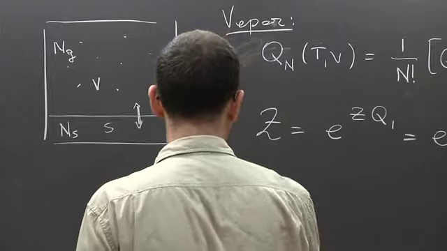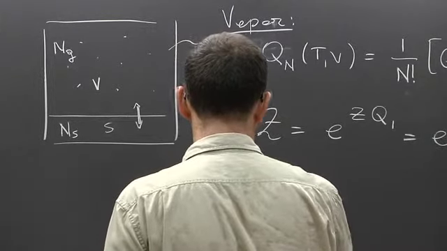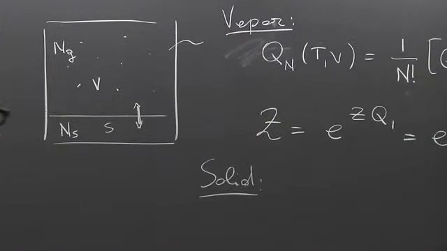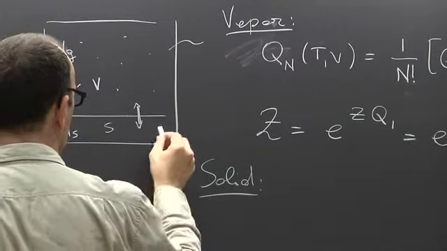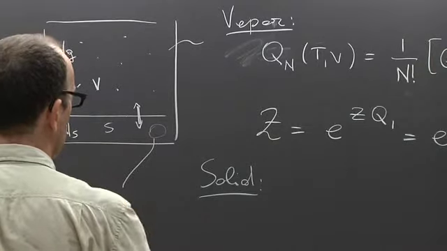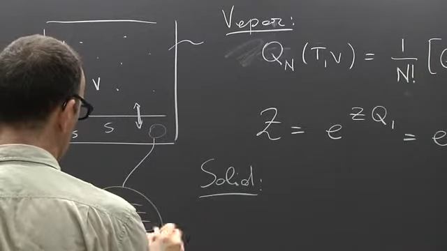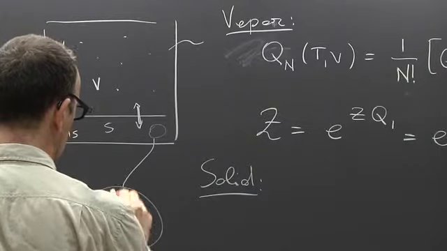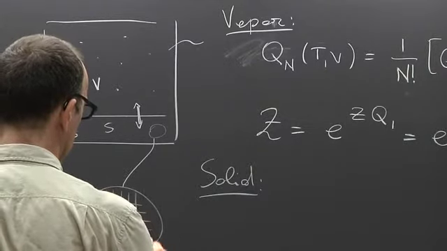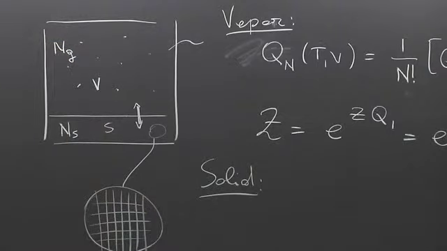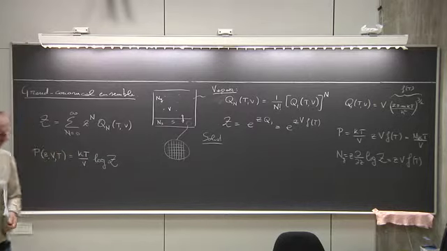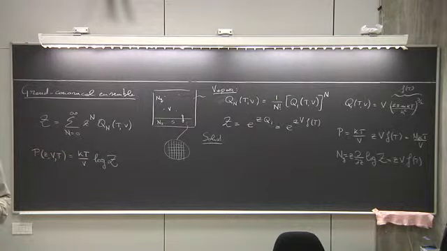What about the solid? For the solid, our model is that the solid has a crystalline structure, where atoms sit on the sites of a regular three-dimensional lattice.